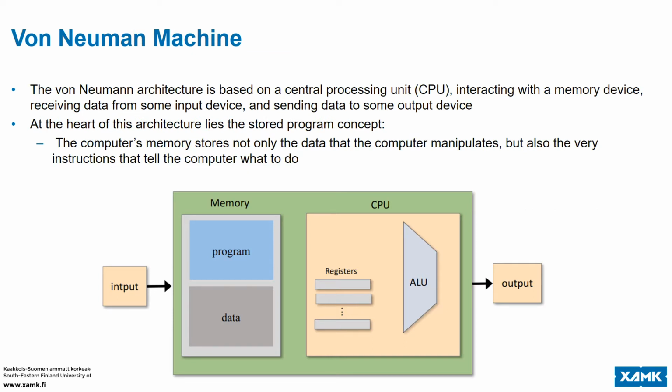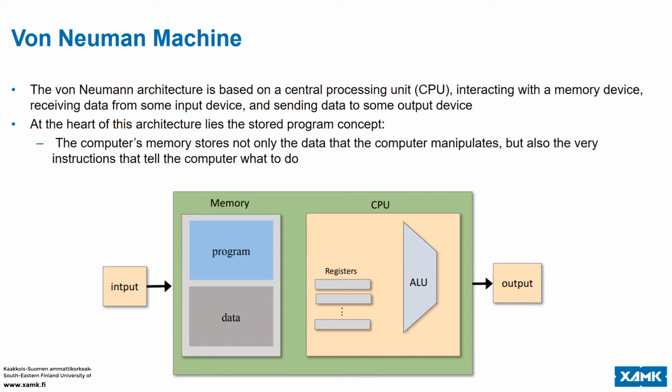At the heart of the stored program concept, there is the von Neumann machine, the generic blueprint of how a computer's processing unit, the CPU, is constructed. The idea here is that in the computer's memory, you do not store only the data that is being manipulated, but also the instructions that tell the computer what to do.